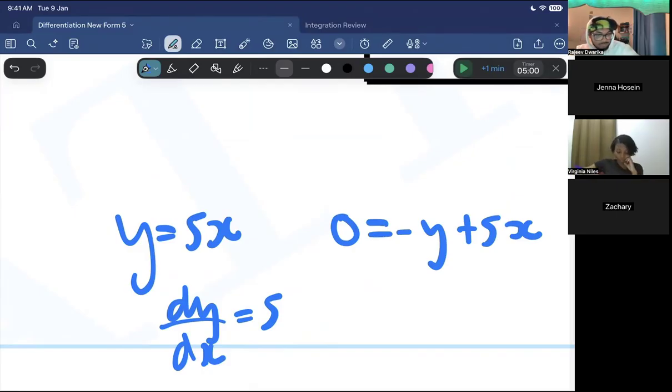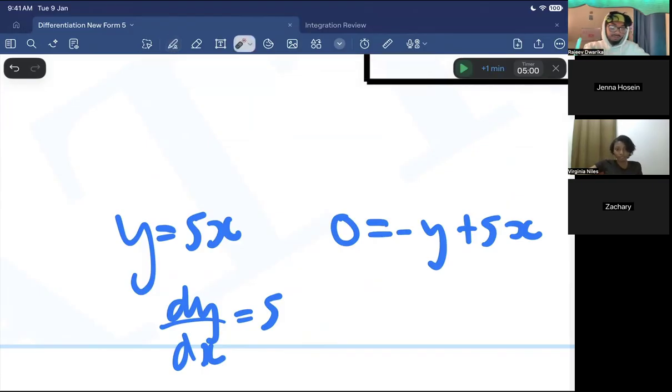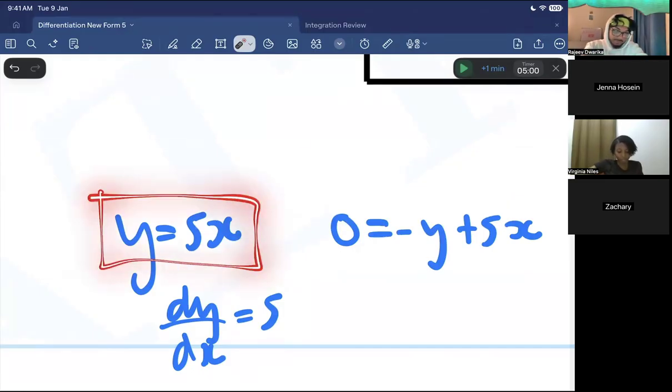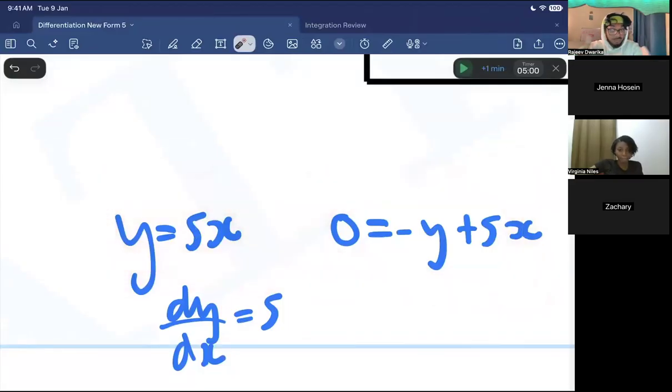I would make y the subject. Right. Because you would want to differentiate it explicitly. Whenever the function you're trying to differentiate is the subject of the formula, it's in an explicit form. So like this would be in an explicit form, right? Yes, sir. And this would be in an implicit form.